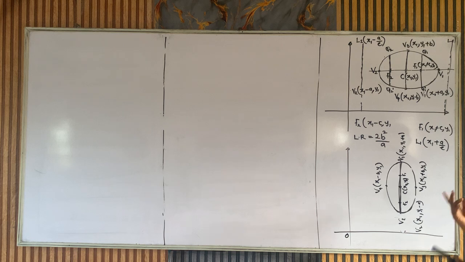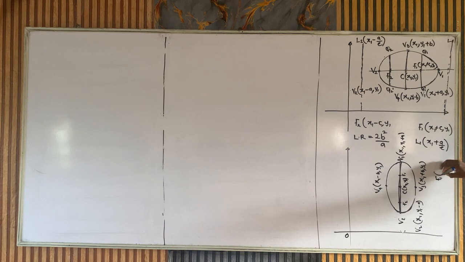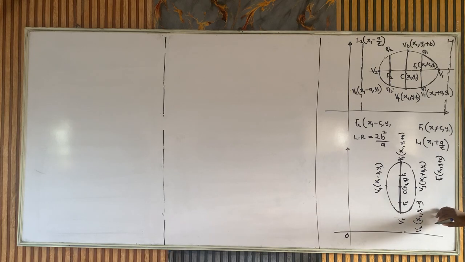Now, we have also the focus. Our F1 as usual is giving us x1, y1 plus c. Take note. And our F2, which is the focus here, is giving us x1, y1 minus c.